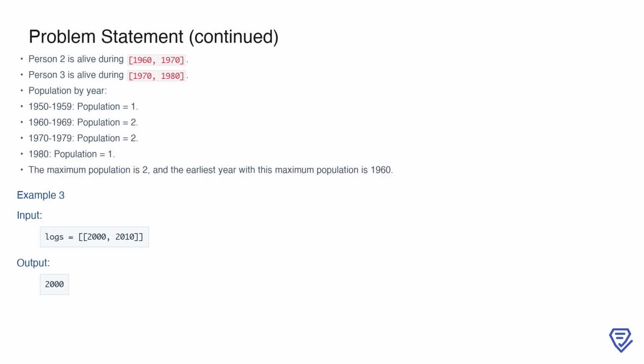Breaking it down by year, from 1950 to 1959, only the first person is alive, so the population is 1. From 1960 to 1969, both the first and second persons are alive, giving a population of 2. Similarly, from 1970 to 1979, the second and third persons are alive, keeping the population at 2. Finally, in 1980, only the third person is alive, so the population drops back to 1.